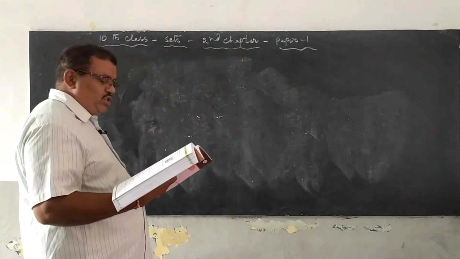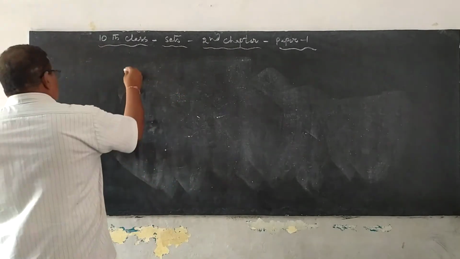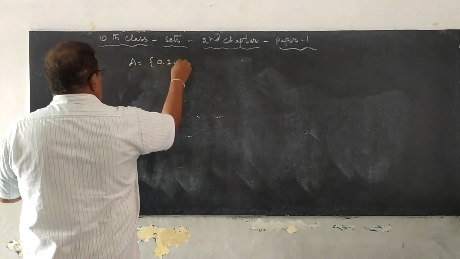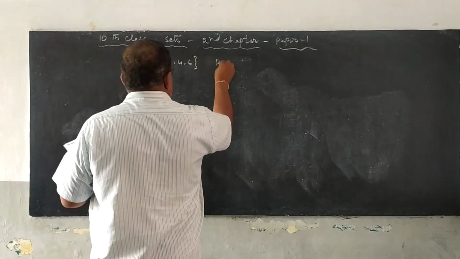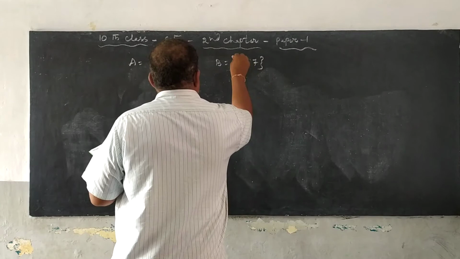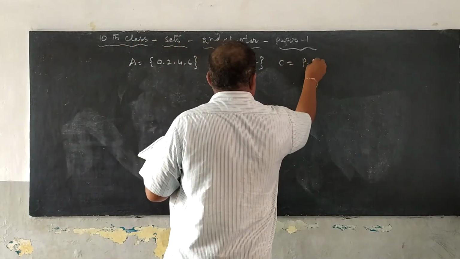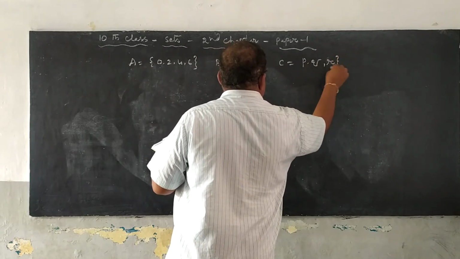A is equal to {0, 2, 4, 6}, B is equal to {3, 5, 7}, and C is equal to {P, Q, R}. These are the elements of the sets.